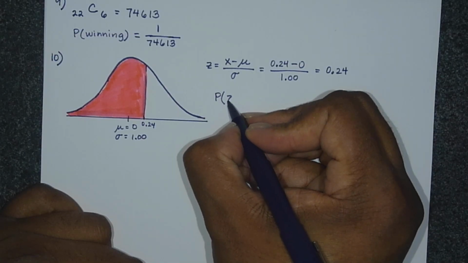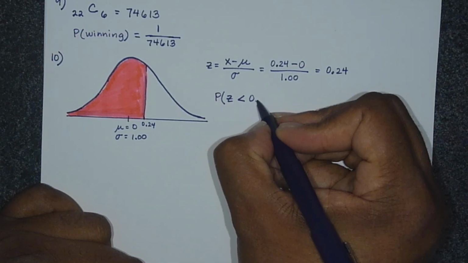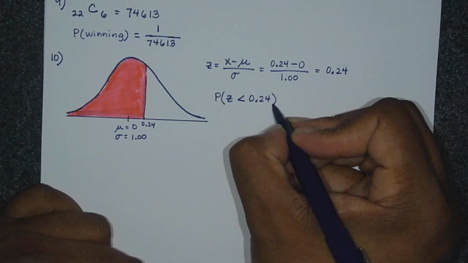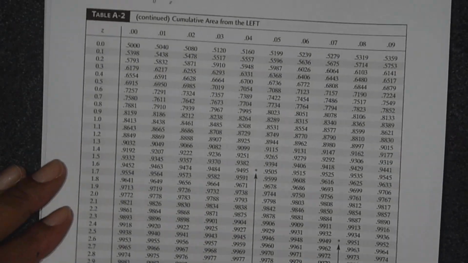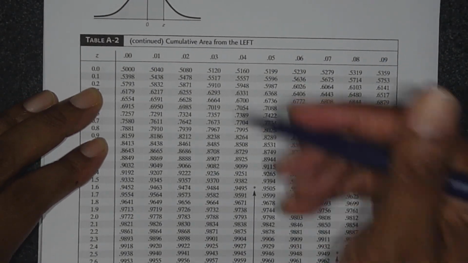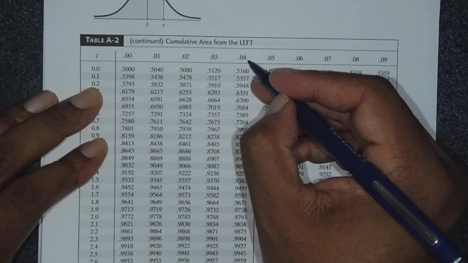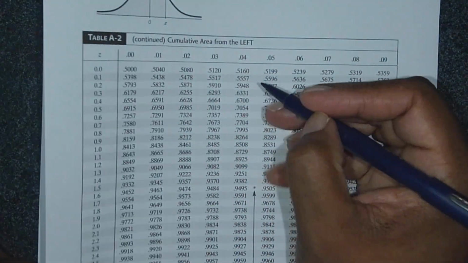So to find the probability that z is less than 0.24, this is where we use table A-2. It's a positive z-score, so we have to use the side of the page that says positive z-scores. We find 0.2 and 0.04. That would give us 0.5948.